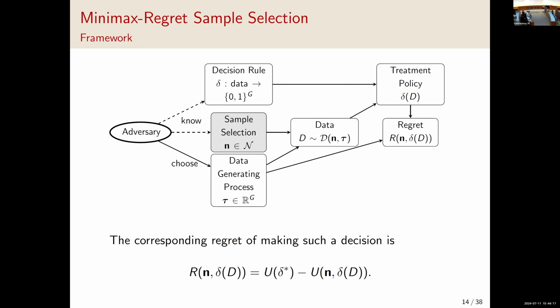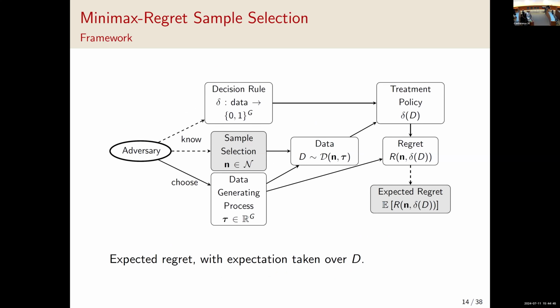Instead of optimizing the utility directly, we optimize regret, which is the difference between the utility achieved by the oracle decision and the utility achieved by the decision made according to data observed from the experiment. It has been shown that optimizing regret has many desirable properties and is often less conservative than optimizing utility directly.